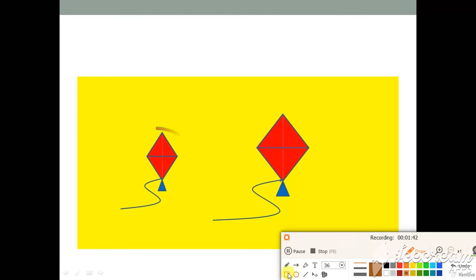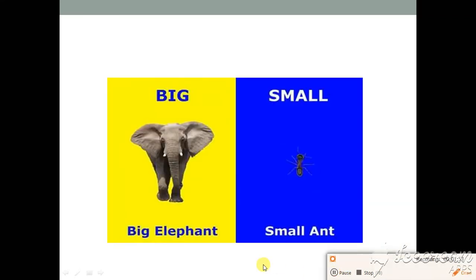Here you can see two kites. One is small and one is big. This kite is small and this kite is big. Another example of big and small, you can see here a big elephant and a small ant.